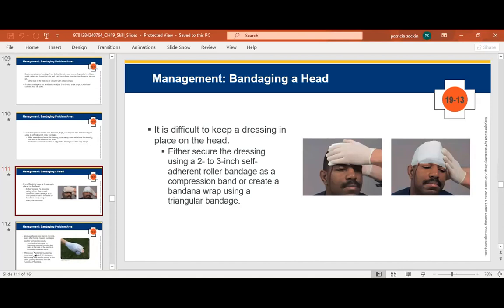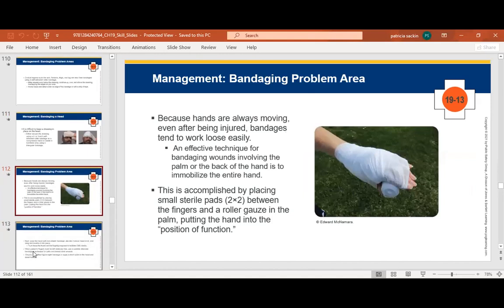So now they're showing the difficulty in bandaging the head, and know that with the head, there's going to be a lot of blood, and you have to do something quickly. Because the hands are always moving, even after being injured, bandages tend to work loose easily.